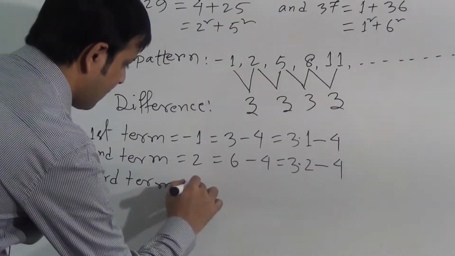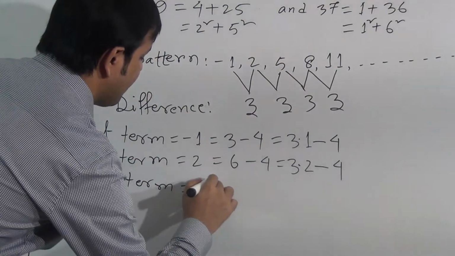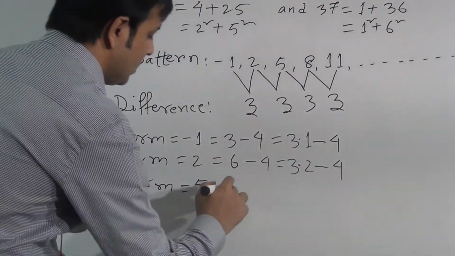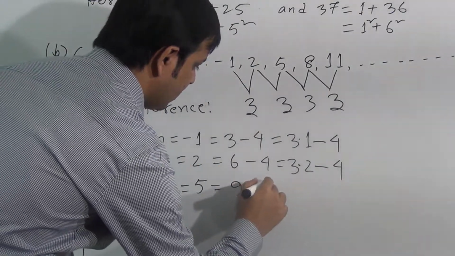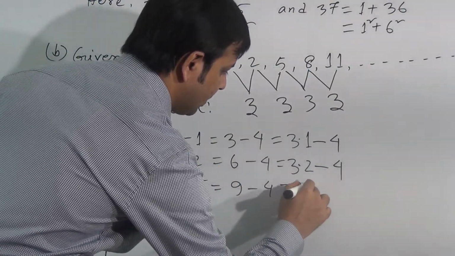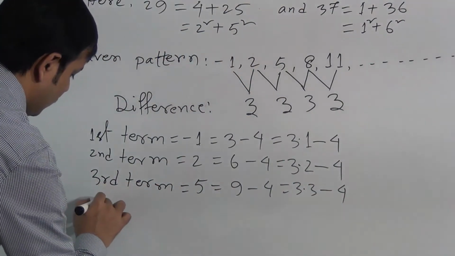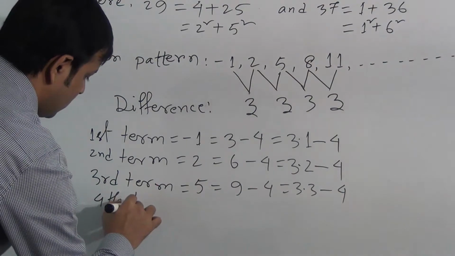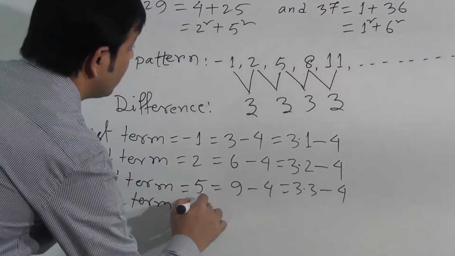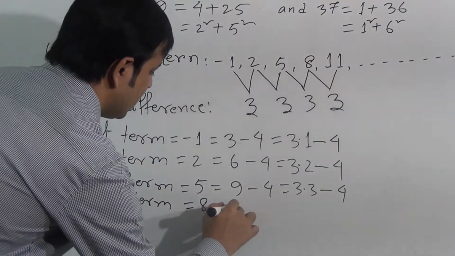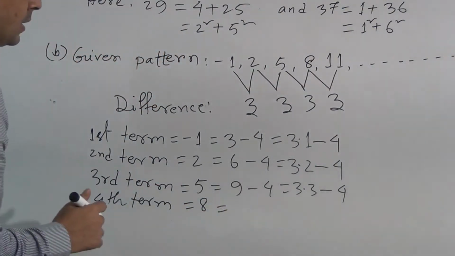That is given here, 5. We can express 5 as 9 minus 4, that is 3 multiplied by 3 minus 4. Fourth term, 8 is given here.